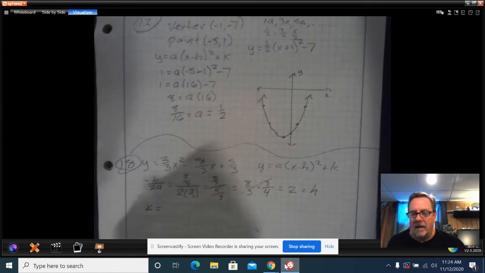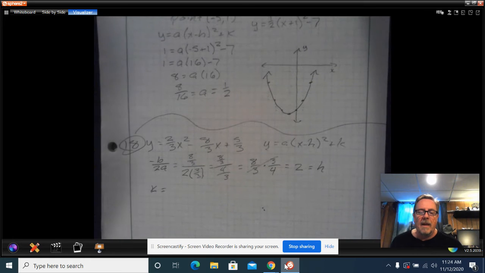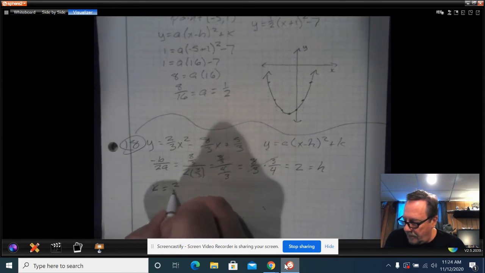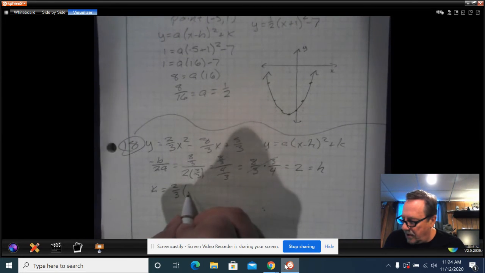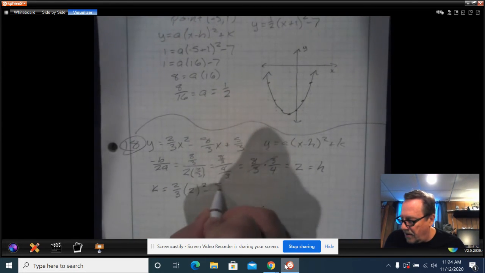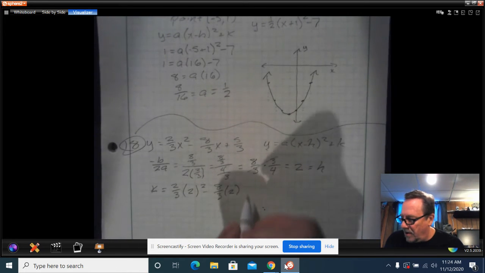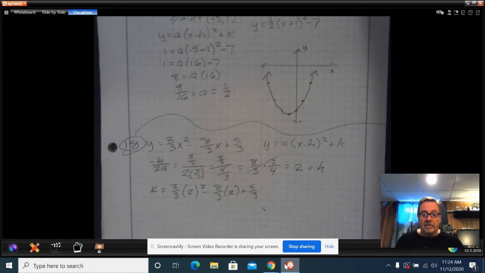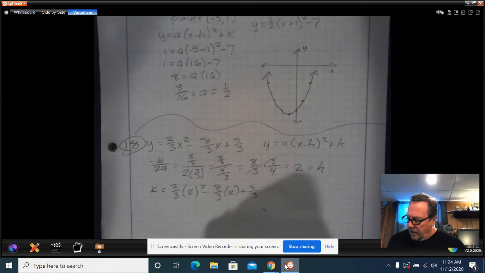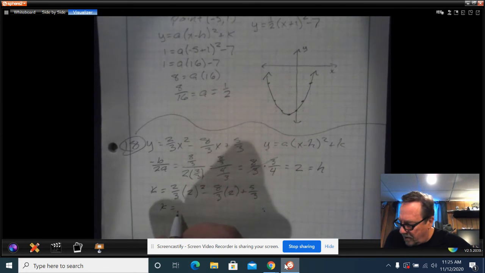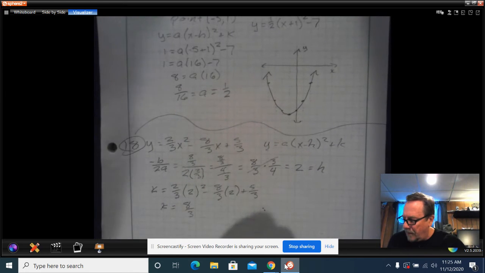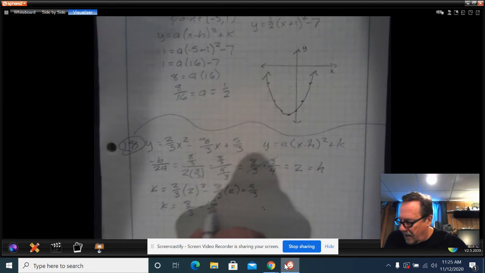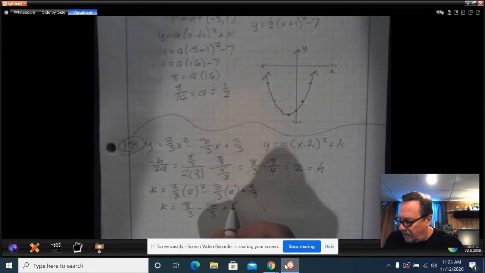Well, for k, we go back and plug in h for our x's. So we're going to get 2/3 times 2 squared minus 8/3 times 2 plus 5/3. Okay, so we're just plugging in. Let's simplify. 2 squared is 4 times 2/3 is 8/3 minus 16/3 and plus 5/3.